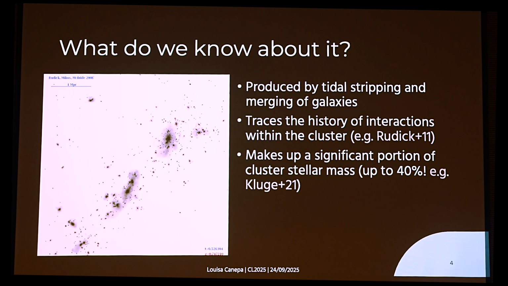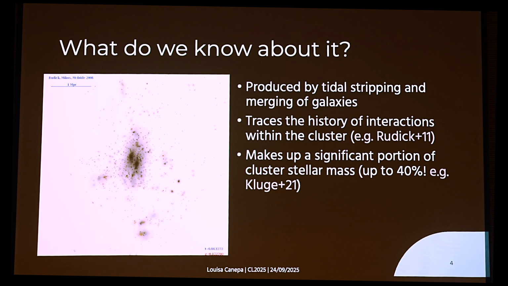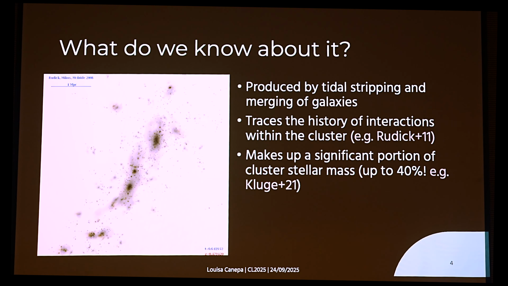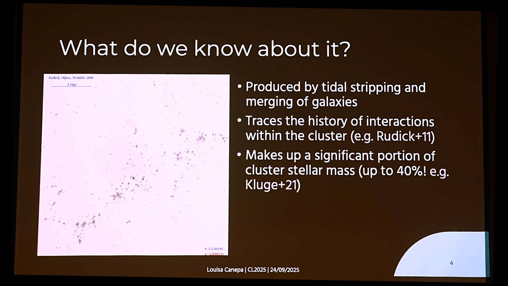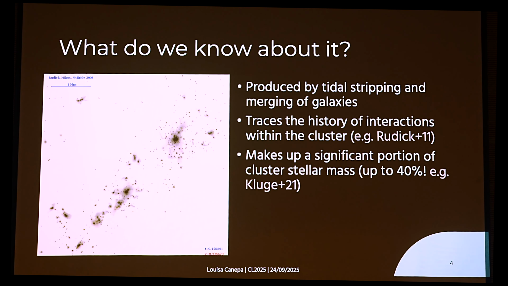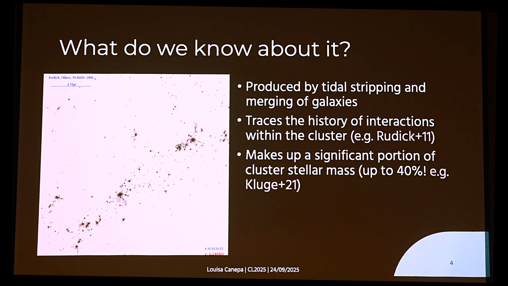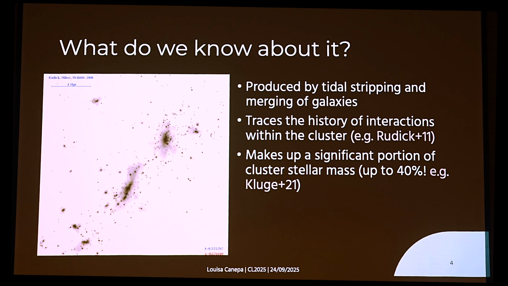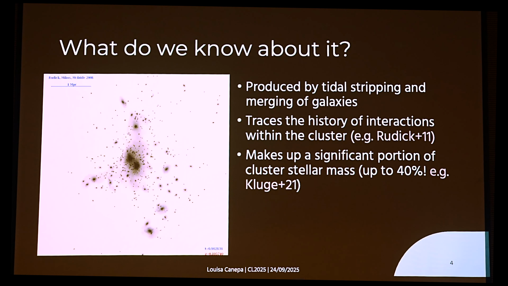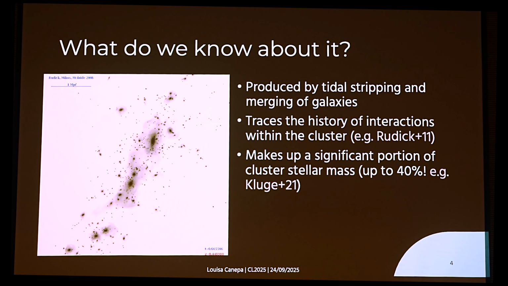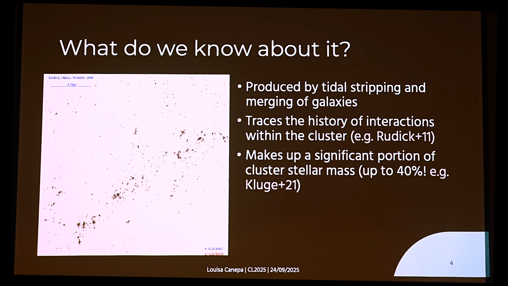So what do we know about the ICL? Well, we know that it's produced through the tidal stripping and merging of galaxies as they come together to assemble into a cluster, and that cluster evolves over time, as you can see happening in that GIF on the left there. So if we study the amount, the distribution, the colors of it, we can actually use it to trace the history of the interactions that have occurred within that cluster in the past.